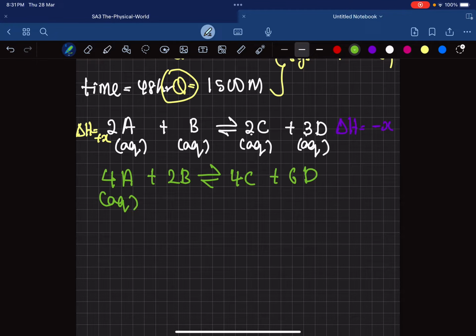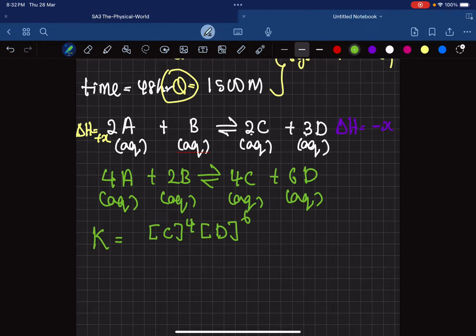The equation has been multiplied by 2, for whatever reason, maybe the student made a mistake, or the examiner is just trying to be cheeky. If you write the K for this expression, it will be C to the power of 4 and D to the power of 6, divided by A to the power of 4 and B to the power of 2.